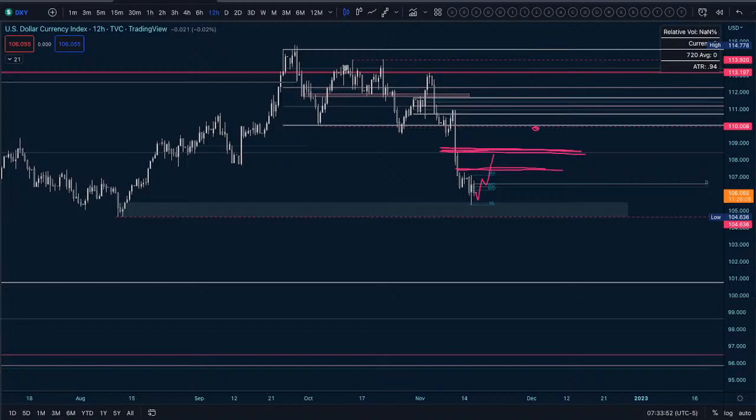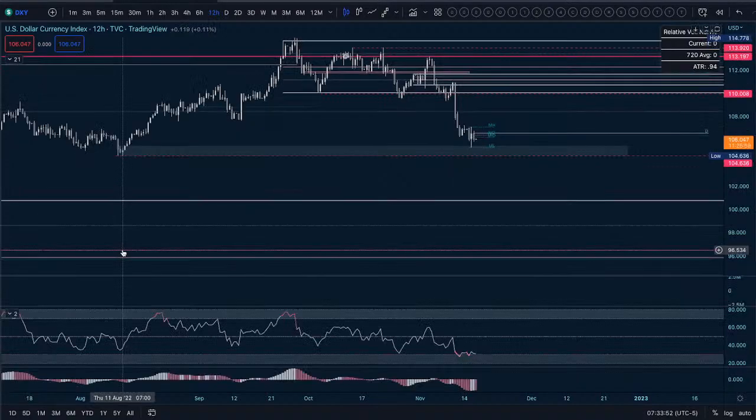And where are our indicators? Yeah, and this 12-hour div. I showed you the 4-hour, but there's also the 12-hour div, which should create a bigger move once confirmed. This is not confirmed yet.